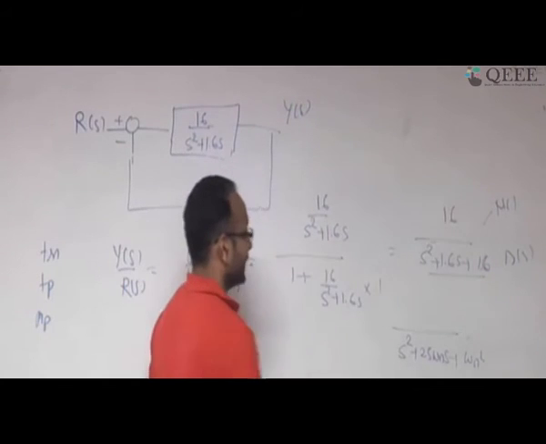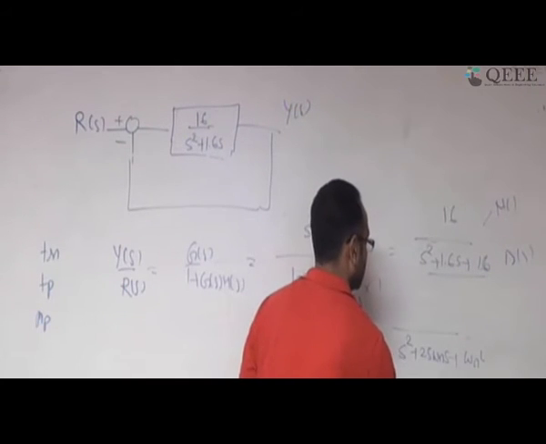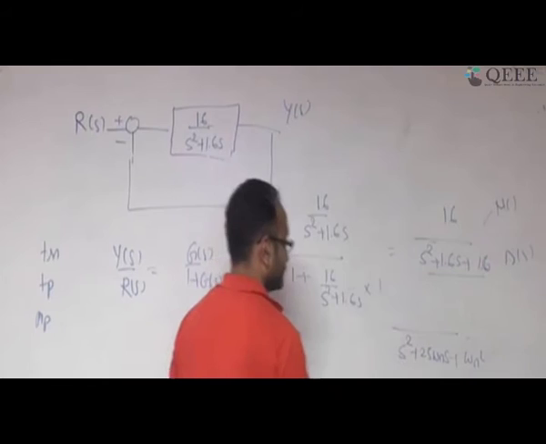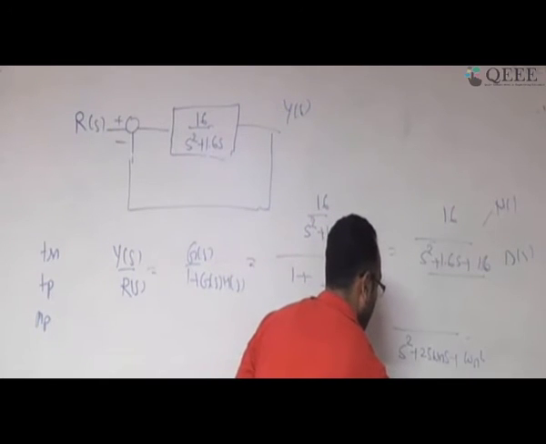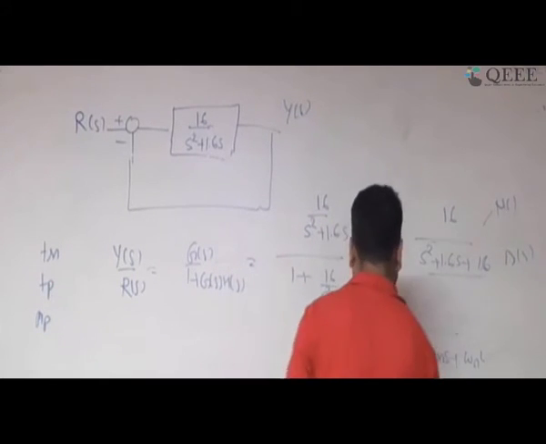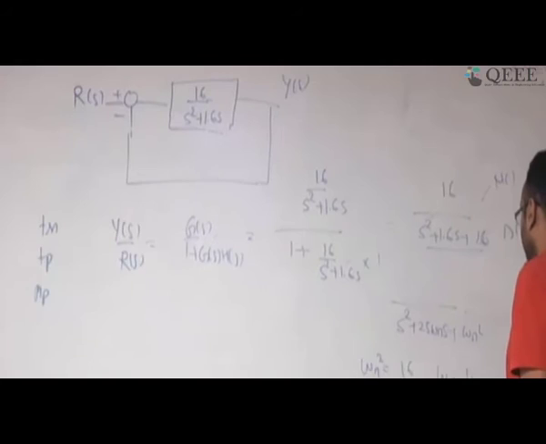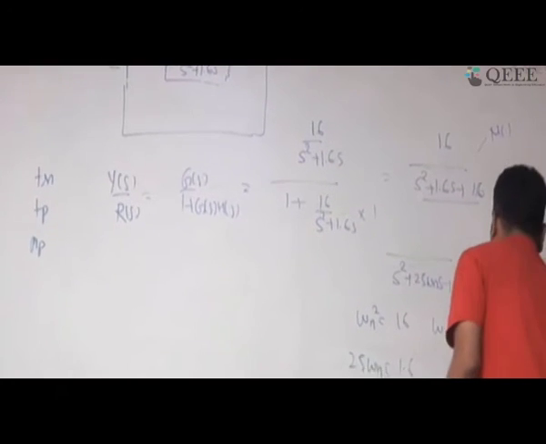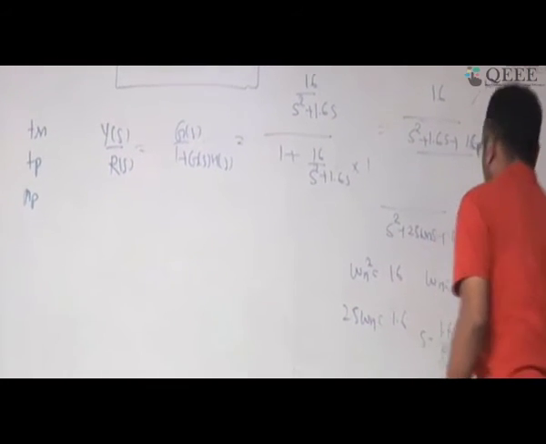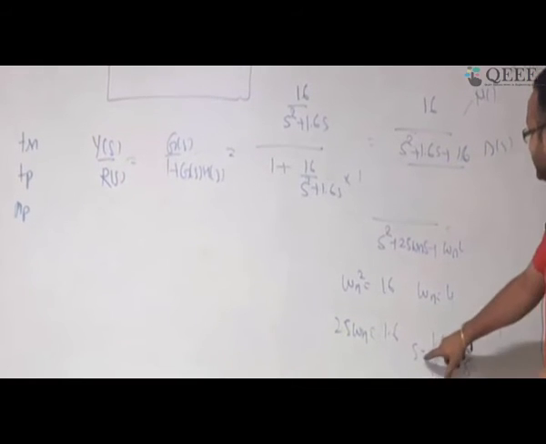So omega n is 4, and zeta is going to be 1.6 divided by 8, since 4 into 2 is 8. That is 16 by 80. So you got zeta and omega n.